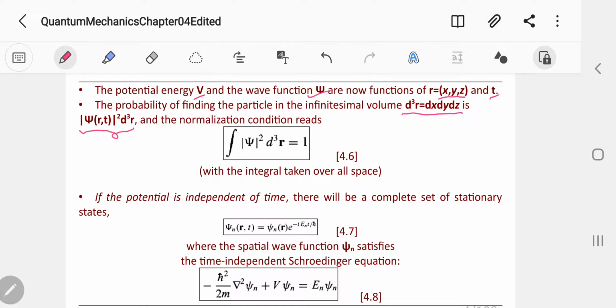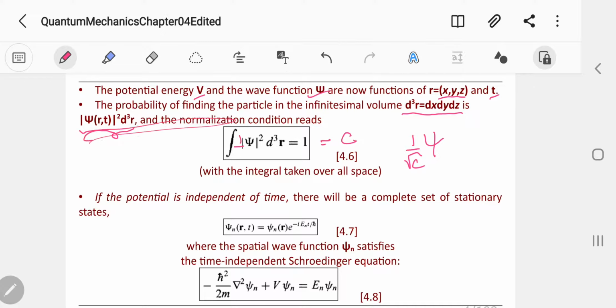Of course, if you integrate that, it should be equal to a constant, and if it's equal to 1, that's called the normalization condition. If it's equal to a constant c, then psi should be divided by the square root of c.